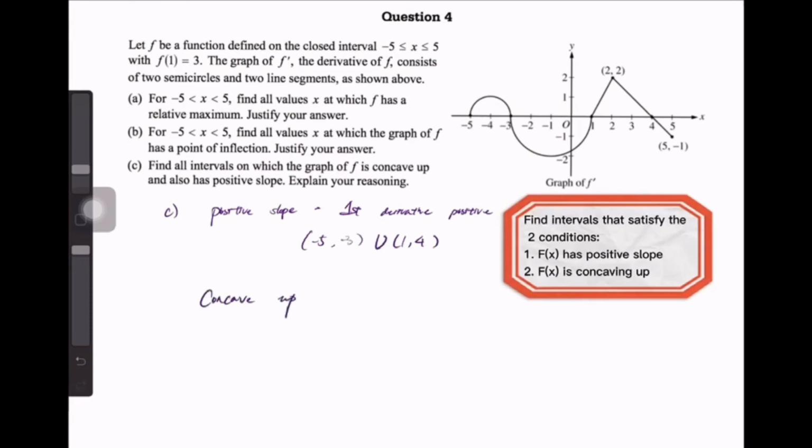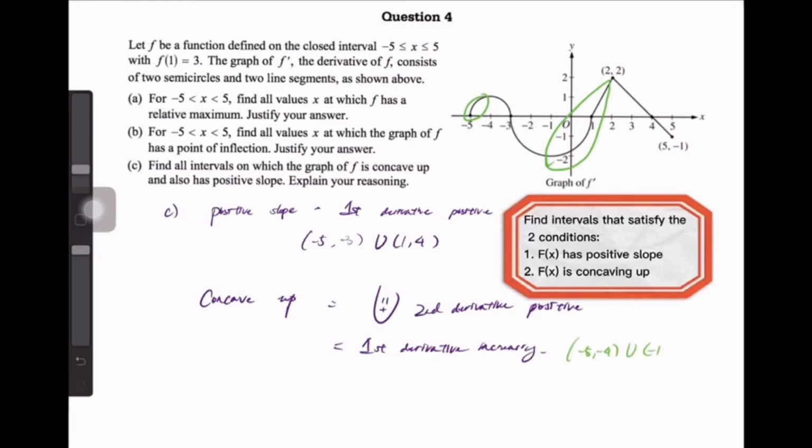Secondly, we know that a function is concave up when the second derivative is positive, which also means that the first derivative is increasing. By looking at the graph again, we get the first derivative is increasing from the interval -5 to -4 and from the interval -1 to 2.